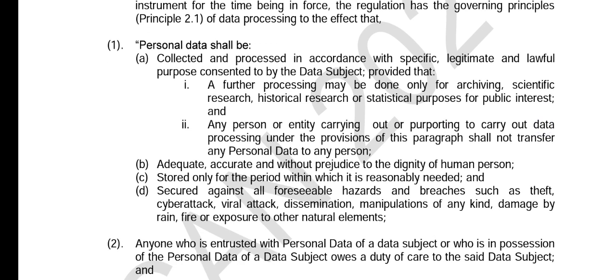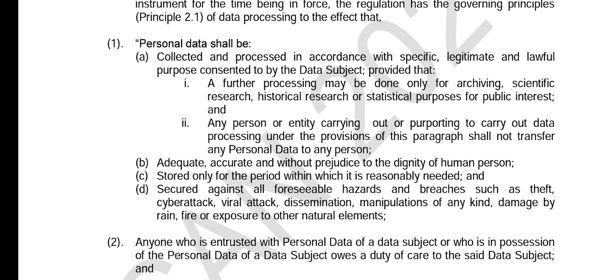This is the way I decoded it for the sake of the ICAN exams. The information must be accurate, the information should be adequate for what you're doing, and when you've collected that information, the confidentiality of it should be at your fingertips. You have a duty of care over it.